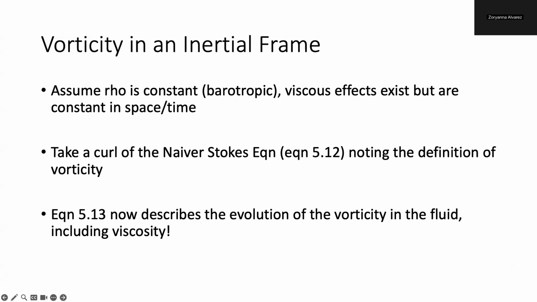Plus I'm going to use nu del squared u. So that's your momentum equation to start with, assuming those things that we said earlier: that the fluid is barotropic and that viscosity does not depend on space or time.